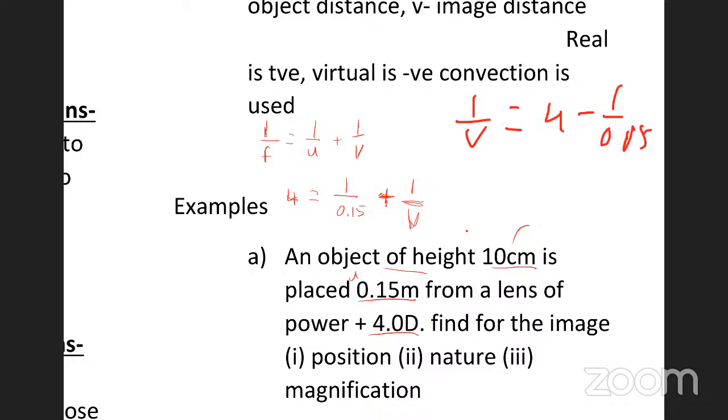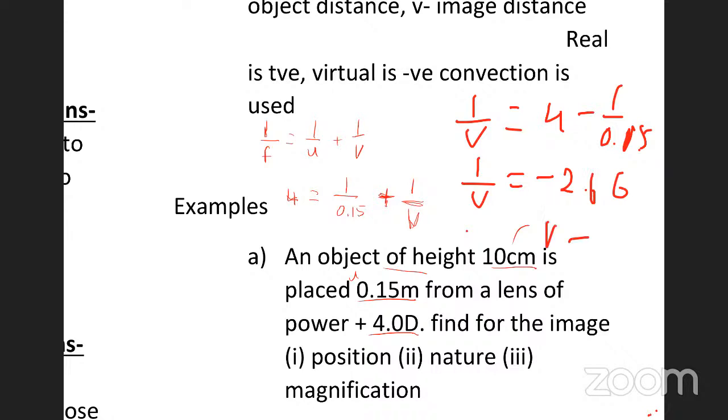How much is that? Oh, yeah, 4 minus that value. So 1 over V, this value is minus 2.66.